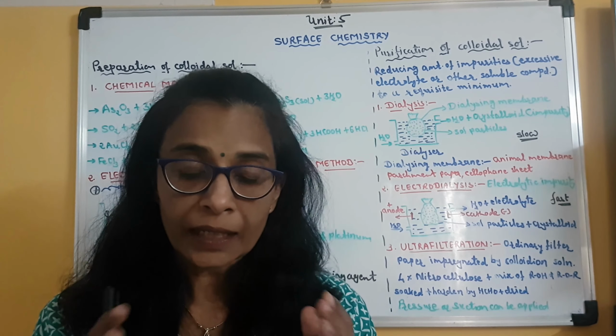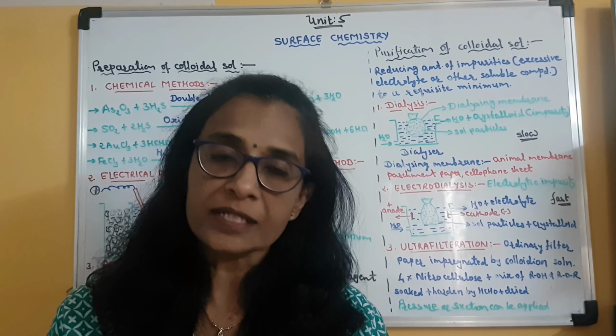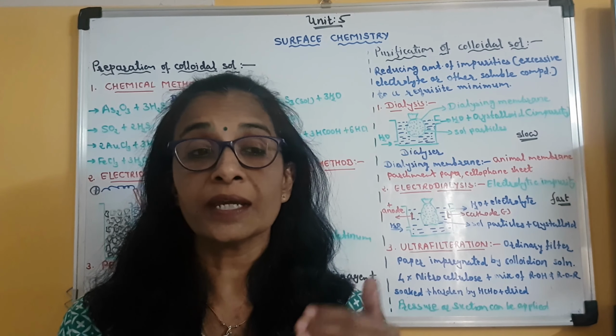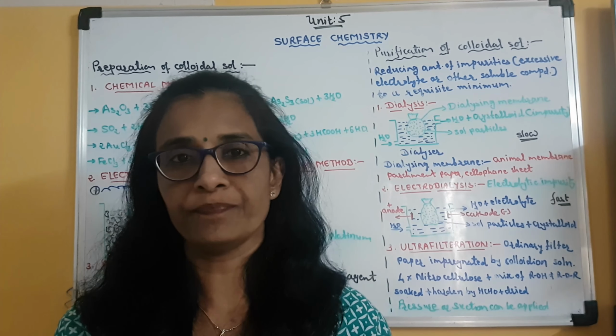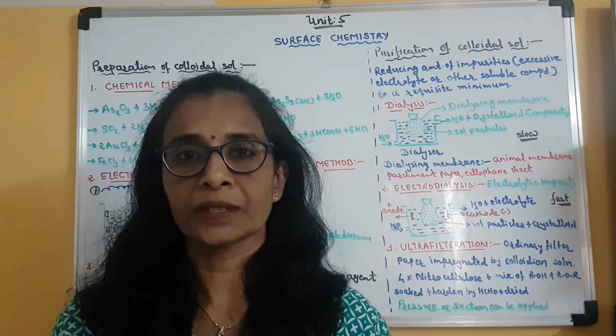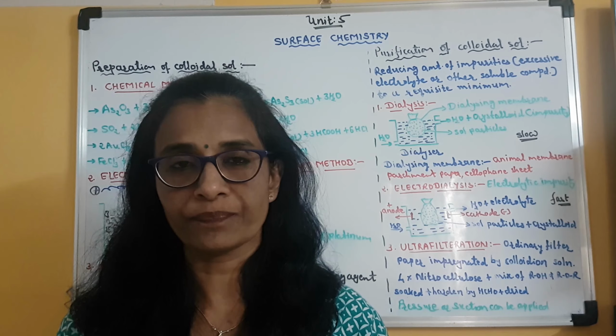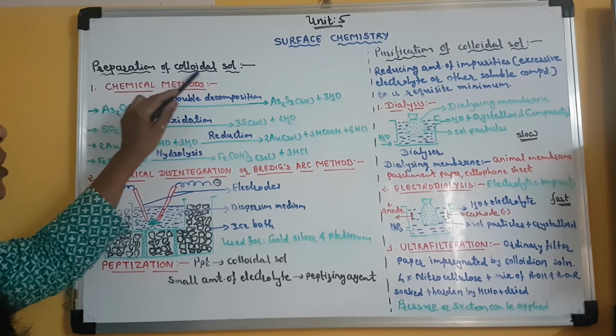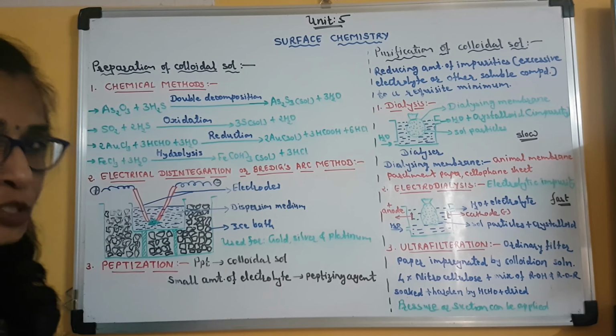Clear? In that we discussed that lyophilic sols are easy to prepare, but lyophobic sols require some special techniques. So today we are going to talk about preparation of colloidal sols, but we will focus on lyophobic sols.